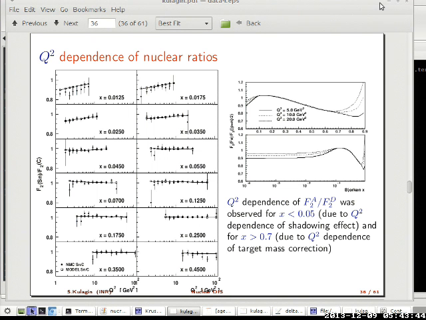So the Q-square dependence comes from the edge, from the small x and large x region, because of different physics effects, in fact. The small x is governed by coherent effects, and the Q-square dependence goes from the effective cross-section. But at large x, this Q-square dependence is mainly due to target mass corrections.